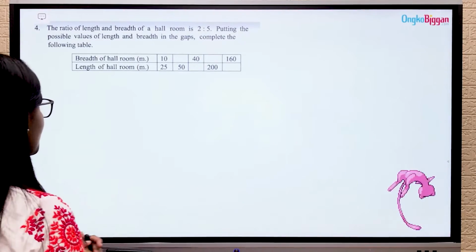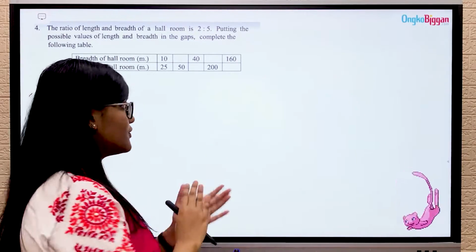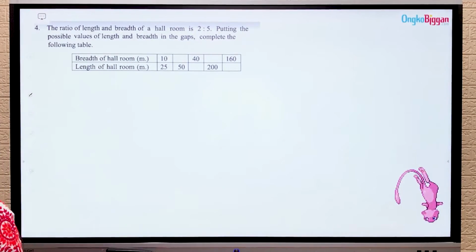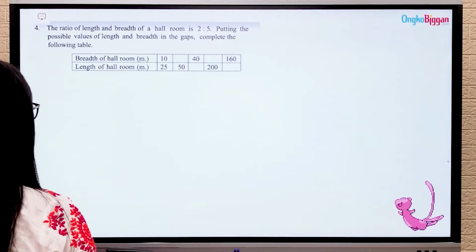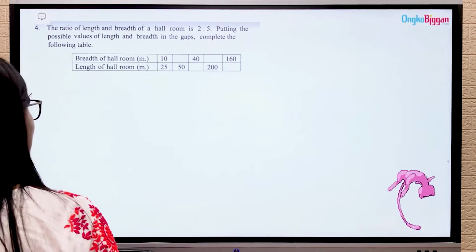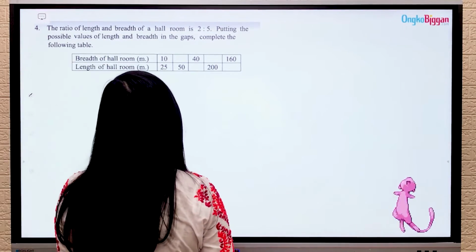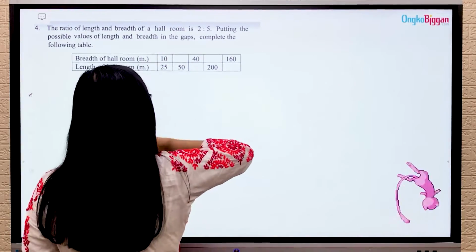Okay, so moving forward, it's actually the same thing that we have done already. The ratio of length and breadth of a hall room is 2:5. Putting the possible values of length and breadth in the gaps, complete the following table. The values are in the ratio 2:5.